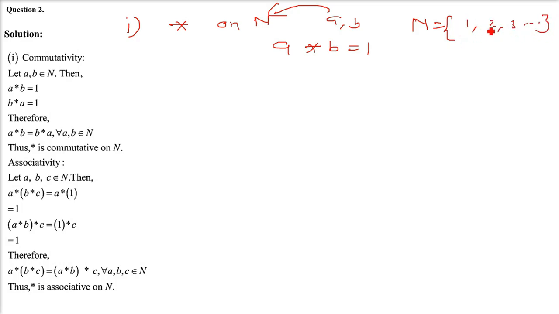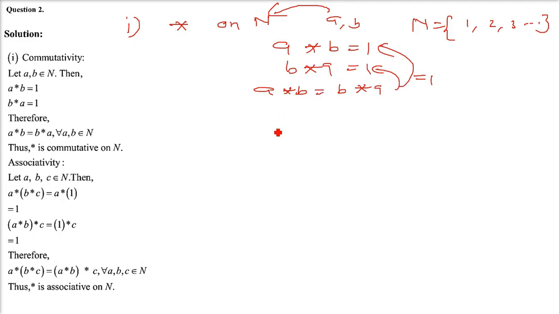If you take any values a and b from the natural number set, a star b or b star a, it will always be 1. So b star a is equal to a star b, that means it is commutative, because eventually it will come as 1 as given in the question.